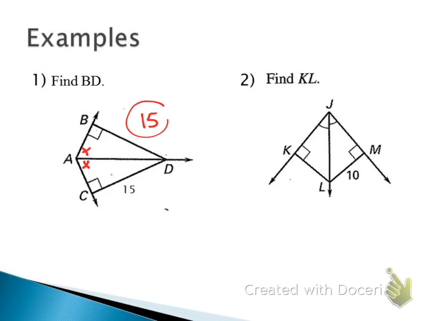Yes, D is the same distance away from C as it is to B. So if CD is 15, BD is also 15. Good. Same sort of setup on number 2. The distance from L to M is 10. So what's the distance from L to K? Also 10. Good. They're equidistant, the same distance. What are your questions on these? These are both angle bisector problems.